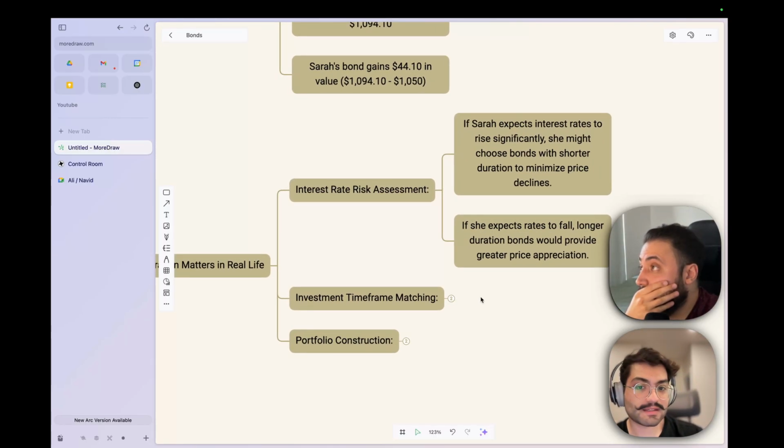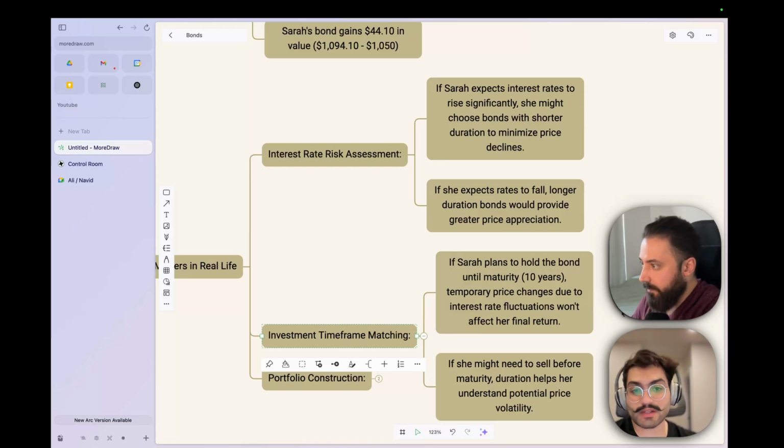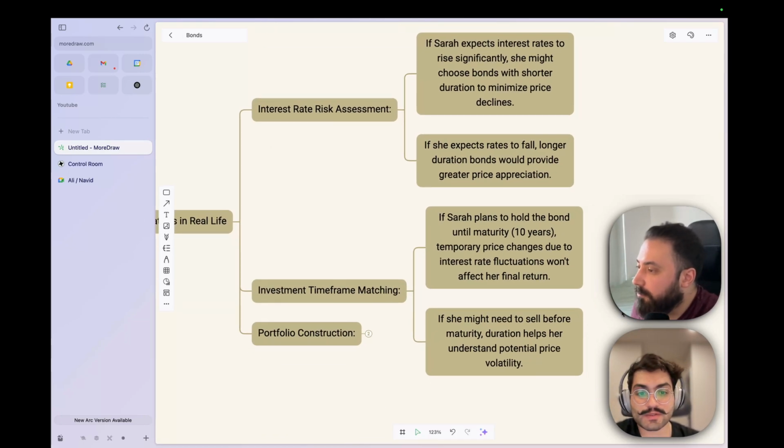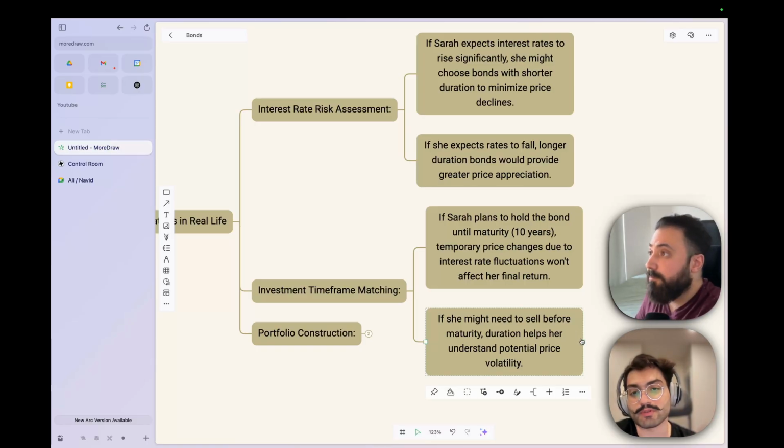The second thing is investment time frame matching. If Sarah plans to hold the bond until maturity, until it finishes, temporary price changes due to interest rate fluctuations don't matter much. But if she wants to sell it before maturity, the duration helps her understand the potential price volatility.